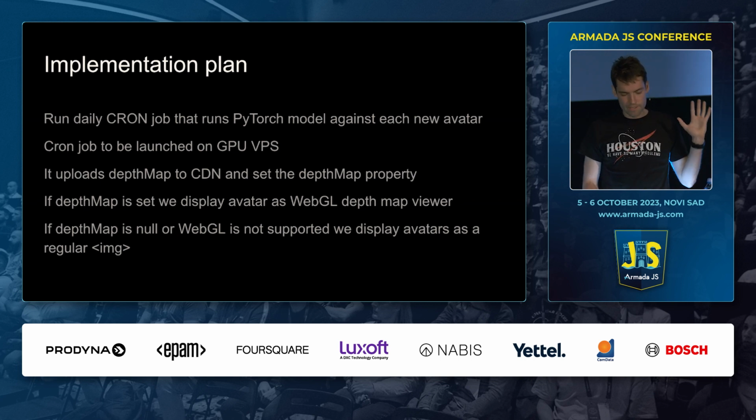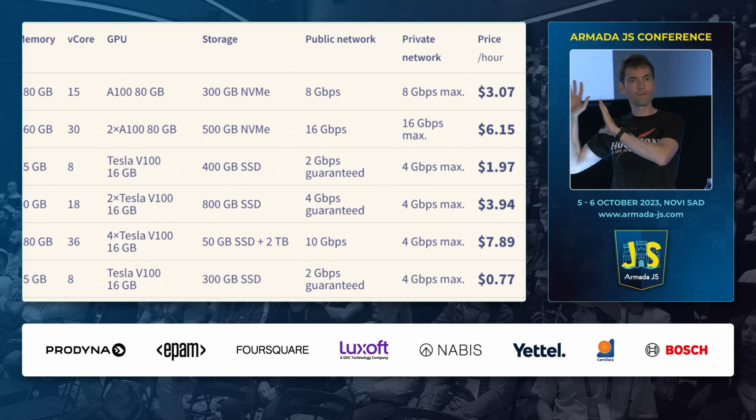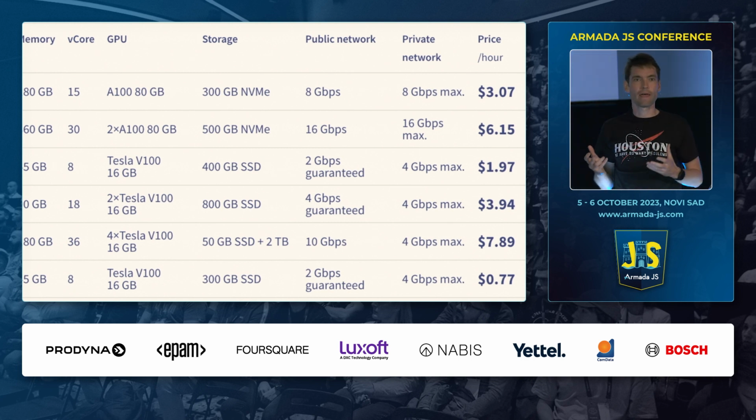Okay, so the plan is to have a GPU VPS. And I started to look for this thing. I tried to run it locally. It was working. Before, we've been using a thing called Notebook. This is something you can use for experiments when you're trying out one of your photos, but you can't use it at scale. If you have tens or hundreds of images, it's basically a UI.